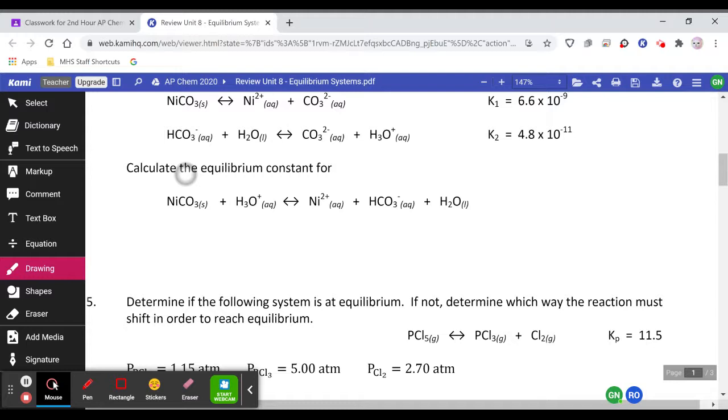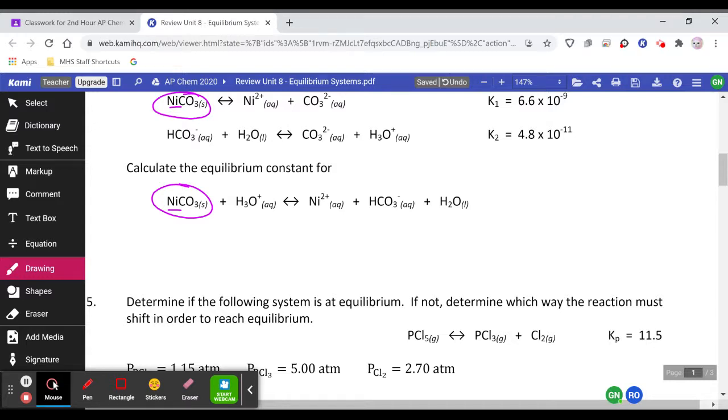Okay, and so we'll have NiCO3 here, solid. It's on the right side of the reaction. And we only have 1 mole of each, so it's fine. Okay, so I'm going to circle that just so I realize it's fine. My hydronium here, if we look at the top, we see it in that second equation, but it's on the wrong side. So let's go ahead and flip that around so it's on the right side.